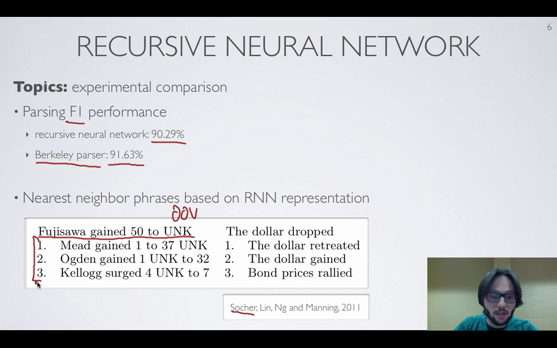We get phrases that indeed have very similar information to what is contained in this particular phrase. Again, in another example here, the dollar dropped was judged to be similar to the dollar retreated or dollar gained or bond prices rallied, where here we get a fairly different phrase than this, but we see that it's talking about similar concepts.